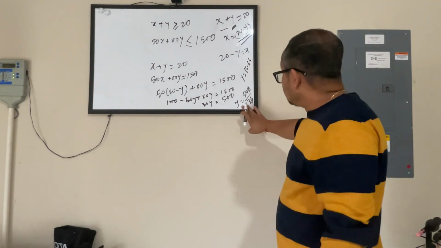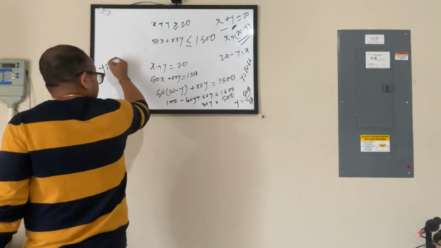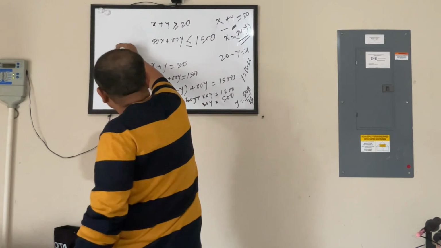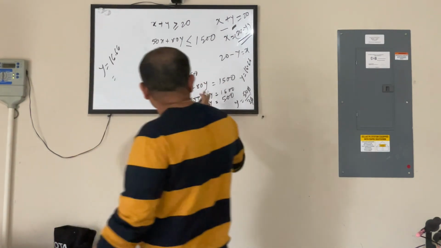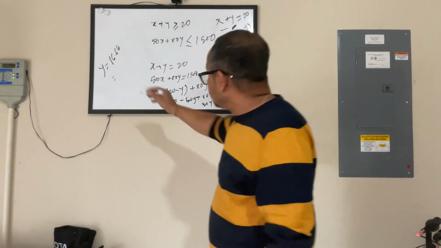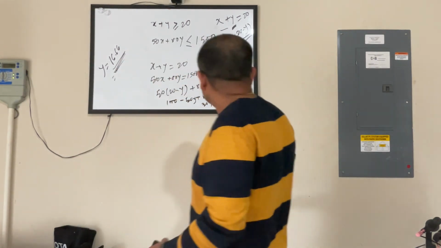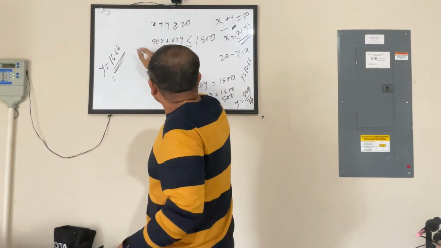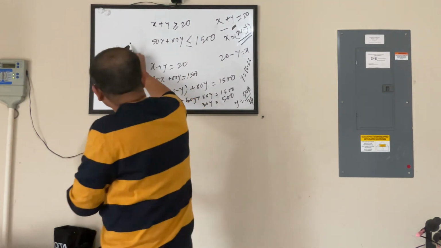Now, this is the borderline case, where y is basically 16.66. So I'm just taking the rounded number, so that is 16. It has to be less than this, right? Now let's say you got this value 16.66, and put this value here.